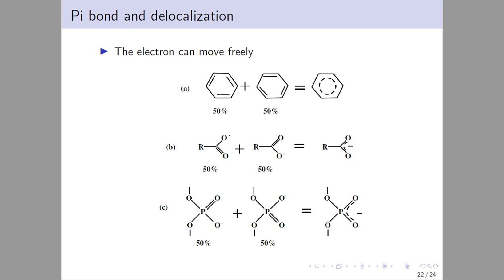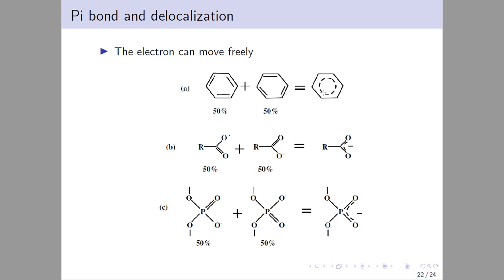Okay, and the pi bond and delocalization. The electrons in the pi bond can move freely. Here we can see these are sigma bonds and pi bonds. This electron can move freely between this C atom, C atom, C atom, C atom, and this also, in this position or in this position.